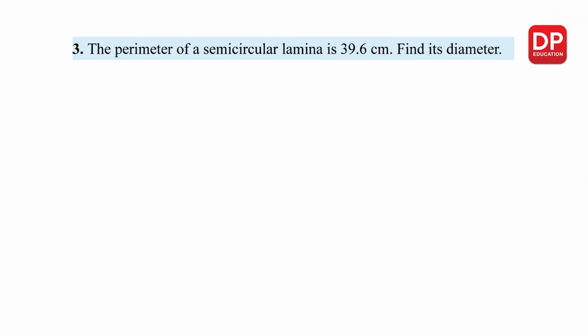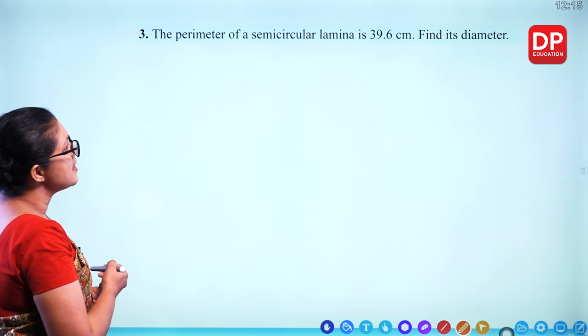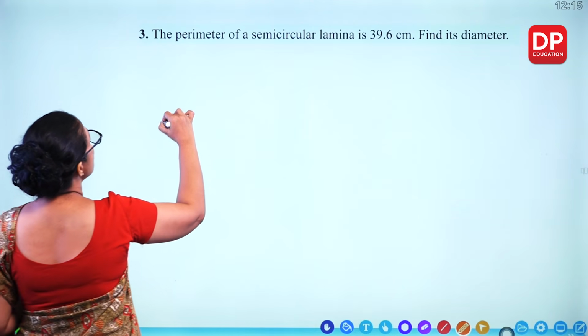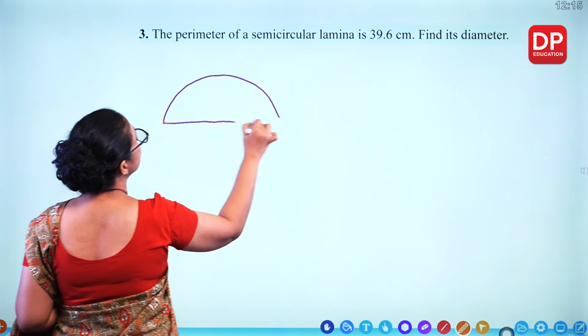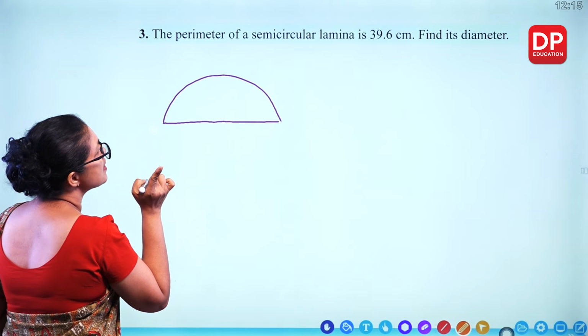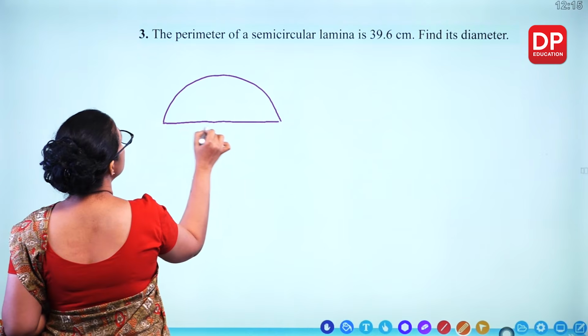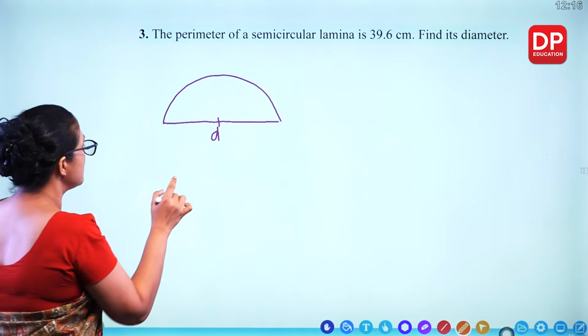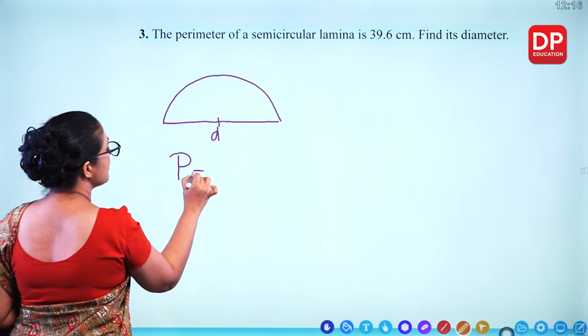The perimeter of a semicircular lamina is 39.6 centimeters. Find its diameter. So semicircular part. Perimeter is 39.6. You need diameter. Now, how can you find out the formula for perimeter?